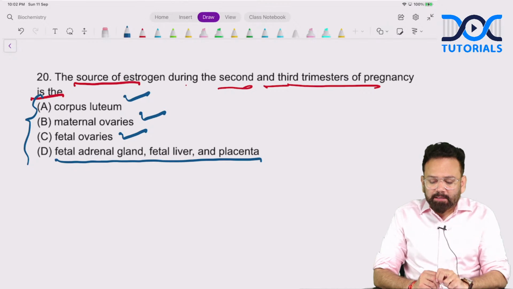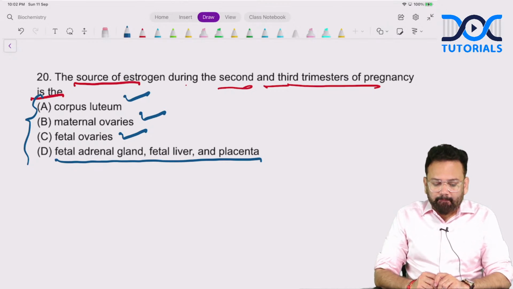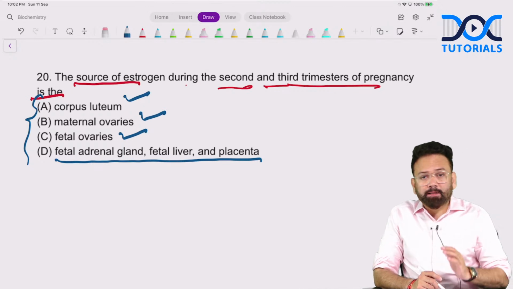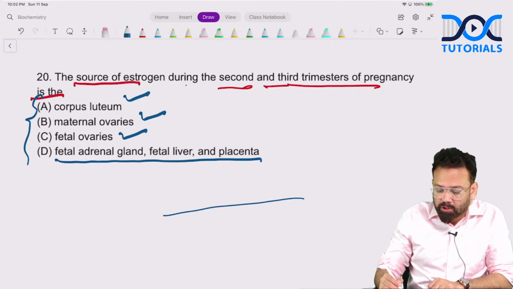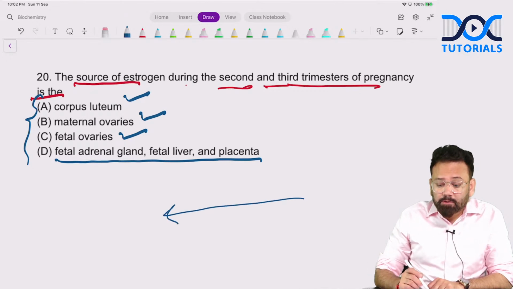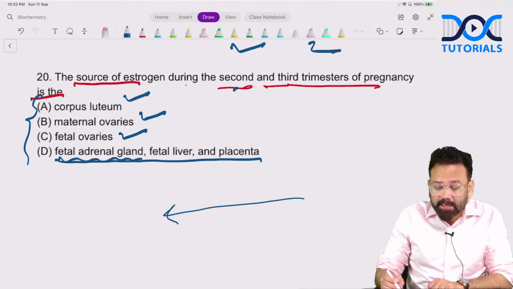Where is estrogen produced in the second and third trimester? Don't think that the mother is giving everything to the fetus. The fetus is also giving something to the mother. The source of estrogen is fetal adrenal gland, fetal liver and placenta.